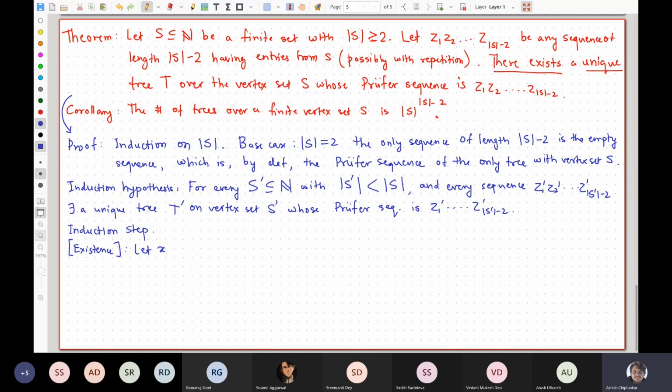Remember the size of the sequence is size of S minus 2. Therefore there exists an element of S which does not appear in the sequence.